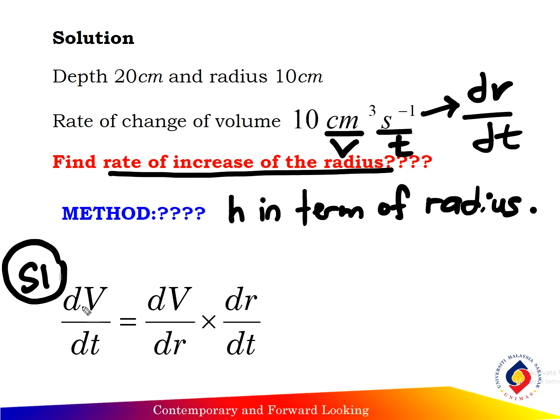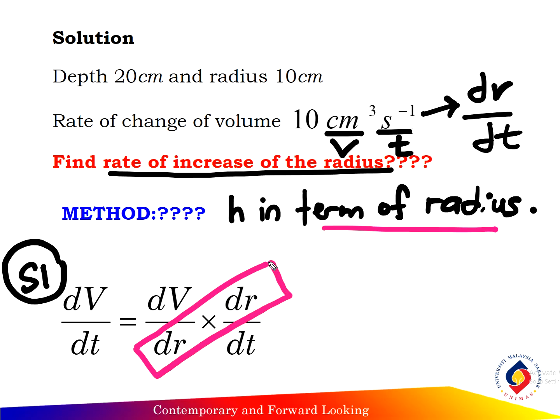You find dV over dt. In terms of radius, dV over dr times dr over dt. You check the terms here: dV over dr is in terms of radius, and dr over dt is in terms of the radius. Okay, step 1.